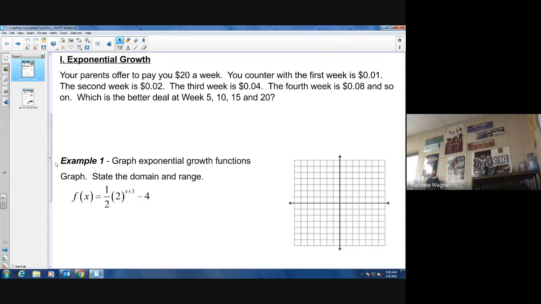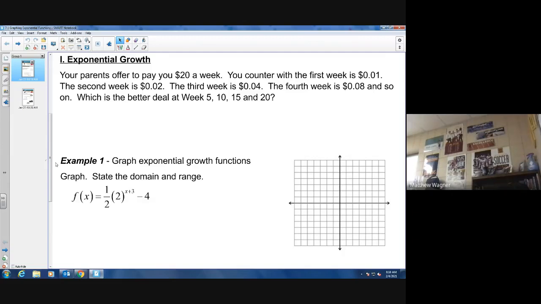I'll just take a penny this week. And then next week you can give me 2 pennies, and the third week give me 4 pennies. I don't want you to spend all that money on me. And your parents, who may not understand math, think that sounds like a really great idea. So the question is, which is the better deal?